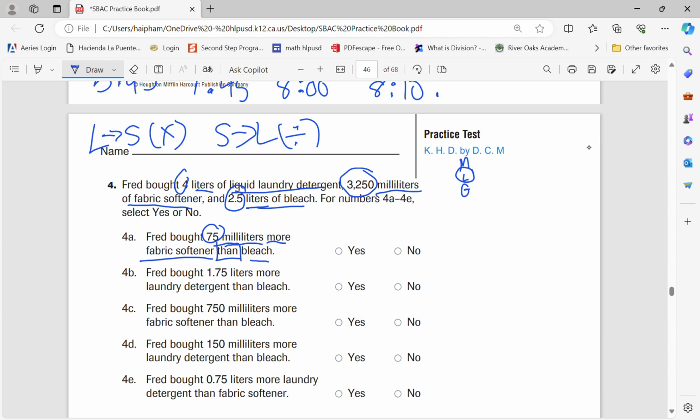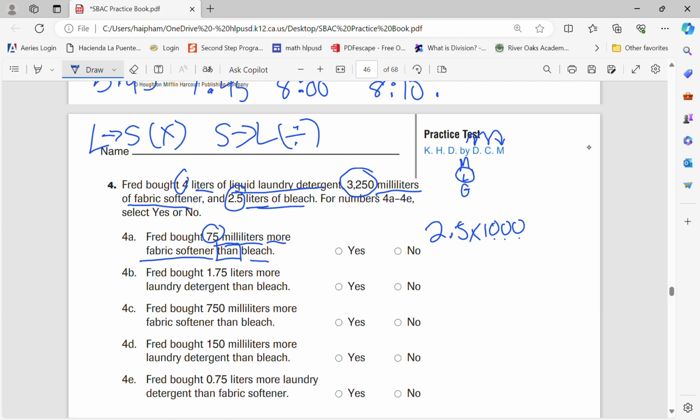Bleach, we have 2.5 liters and we need to convert that into milliliters. So when you look at your liters to milliliters, we are going to go 1, 2, 3. So there will be 3 powers of 10, which means I'm going to multiply this number by 1,000. 3 powers of 10s, 3 zeros at the end.